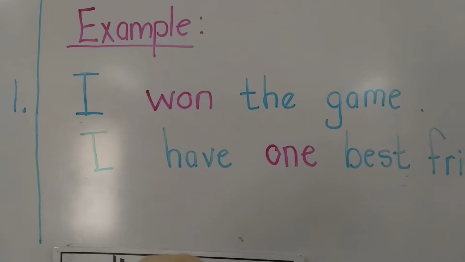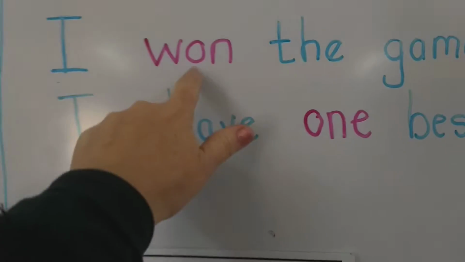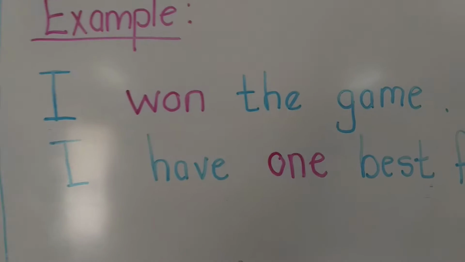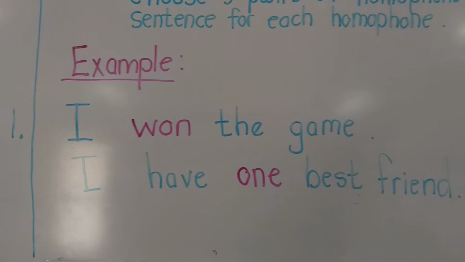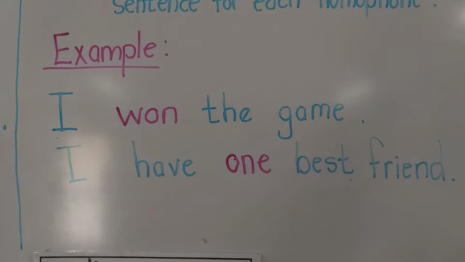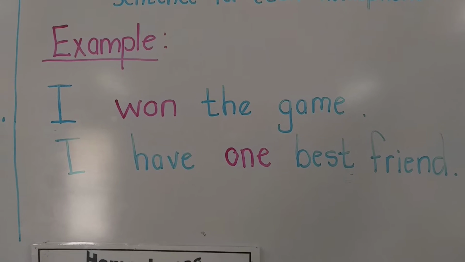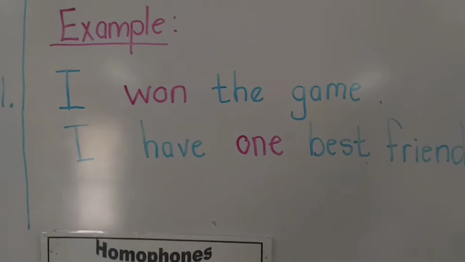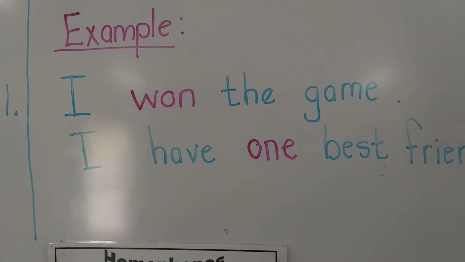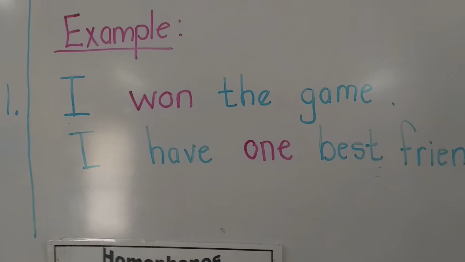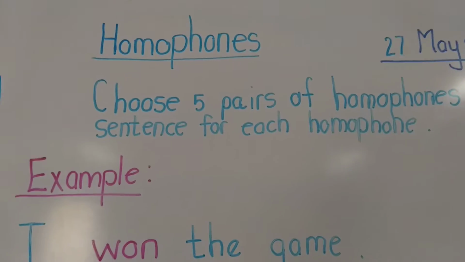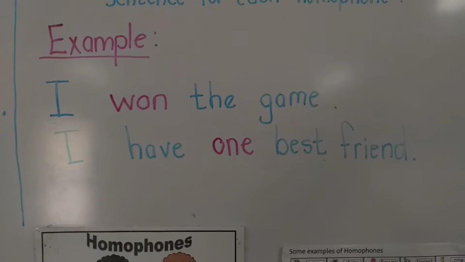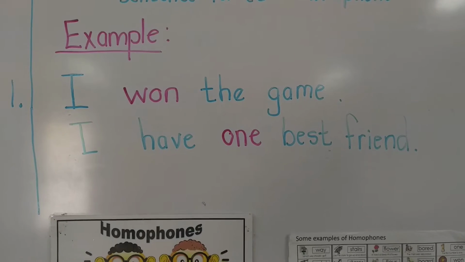I've chosen the homophone one and one, and you have to put each one of those in a sentence of their own. I won the game. I have one best friend. So put each one of those homophones in a sentence. Because you're doing 5 pairs, you're going to end up with 10 separate sentences.